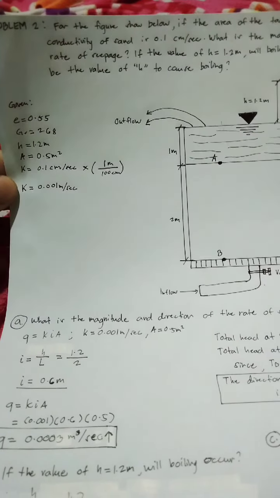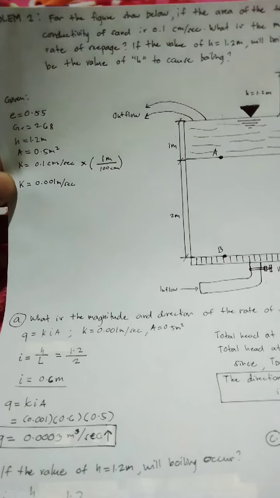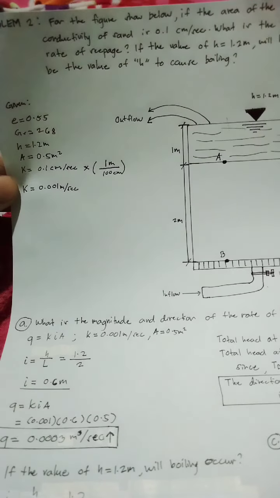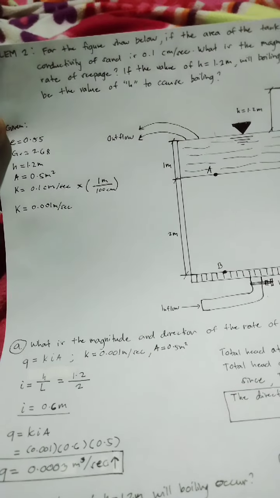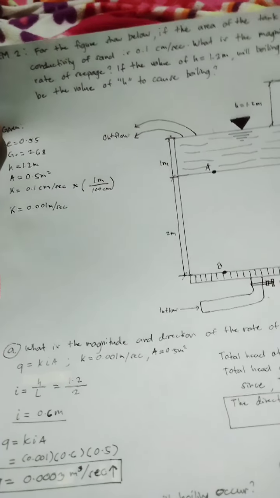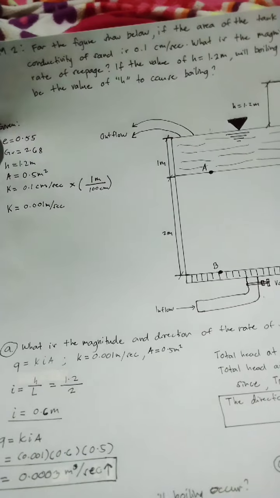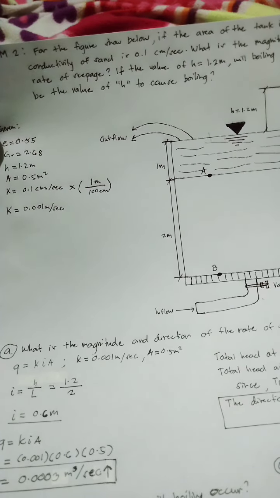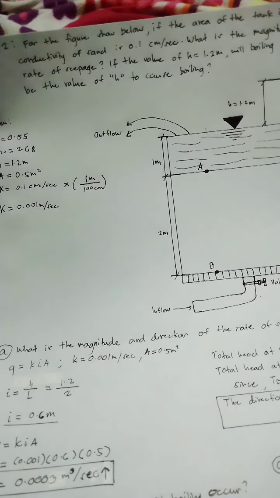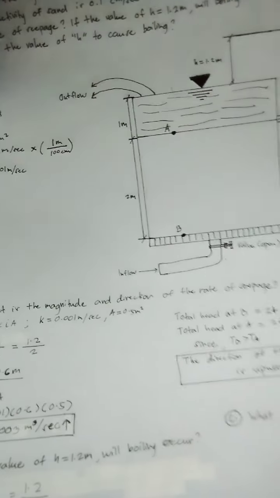Then its area is 0.5 meters squared. Its hydraulic conductivity is equal to 0.1 centimeter per second, but we will convert it into meters, so the hydraulic conductivity is 0.001 meter per second.